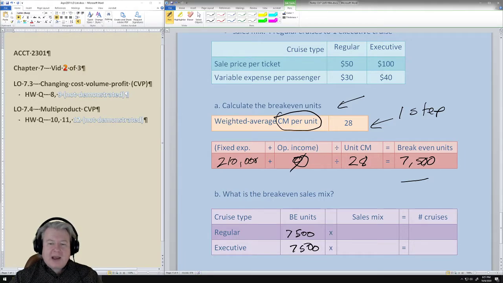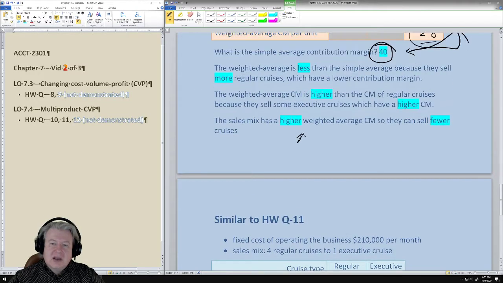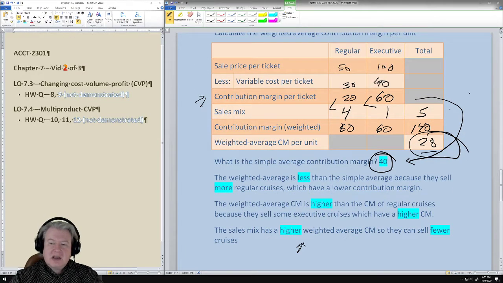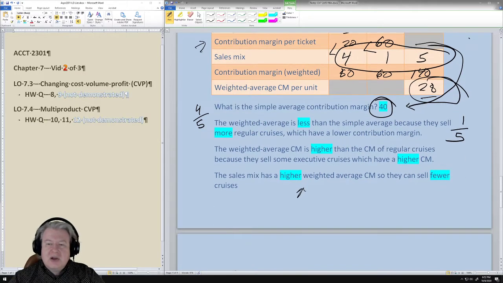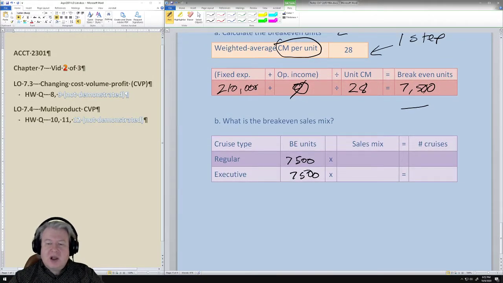Well, we have to go back and look at what the sales mix is. So the sales mix was this line right here. We're going to say the regular is going to be 4 out of 5. You could say 80% or 4/5, and we're going to say the executive is 1 out of 5. And that's all we're going to do down here, take the sales mix and plug it back in.